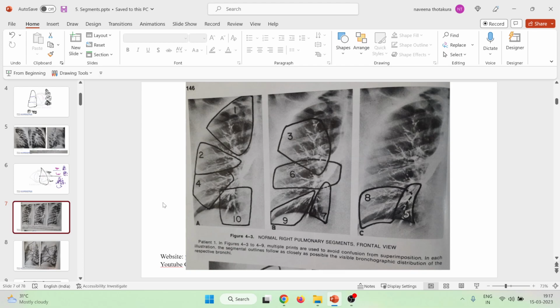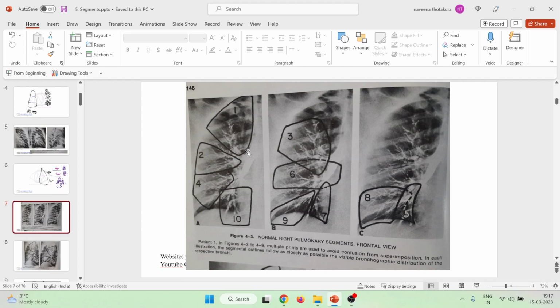So to prevent that, Felson's textbook of chest roentgenology has given us a good representation of the segmental anatomy. But remember one thing, each person will have their own different segments. There are hundreds and thousands of variations seen in this segmental anatomy.